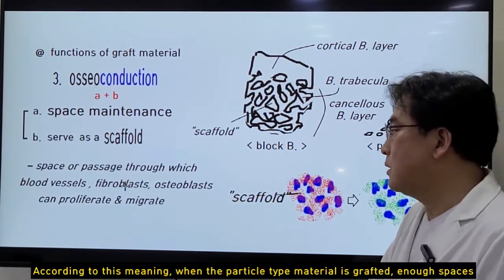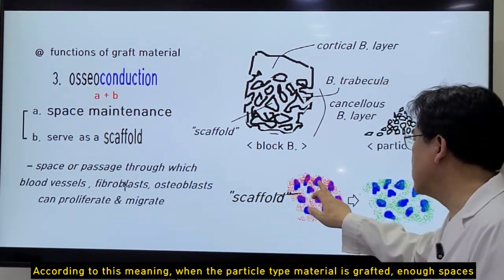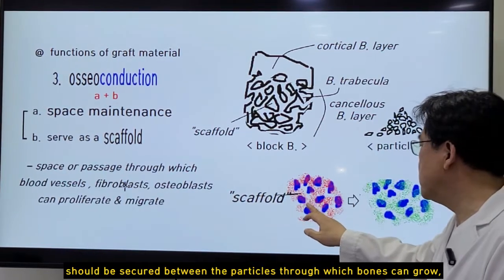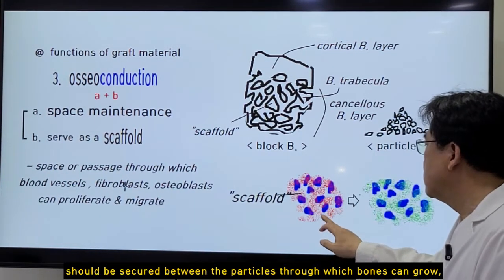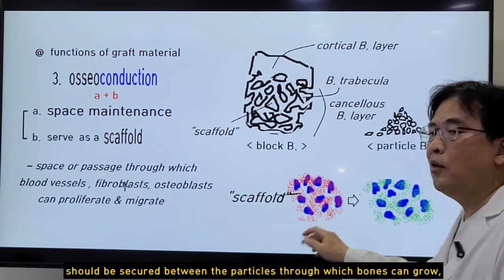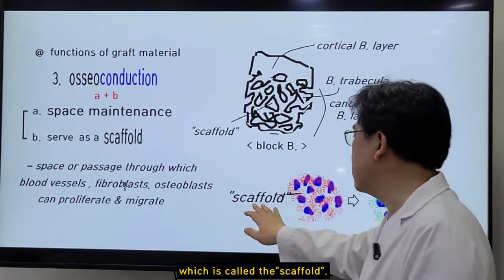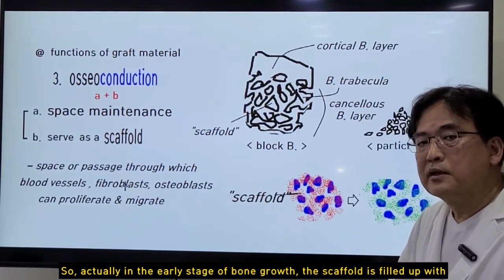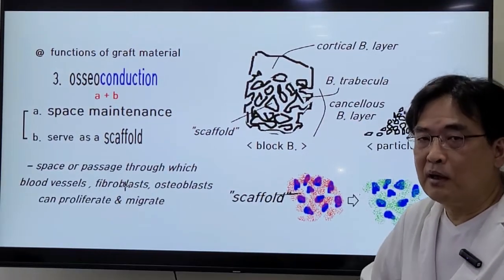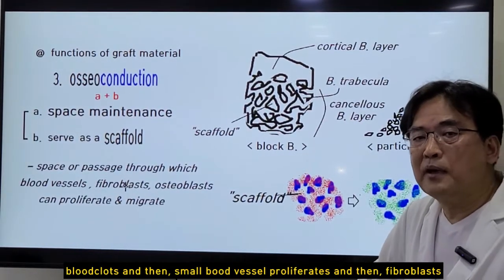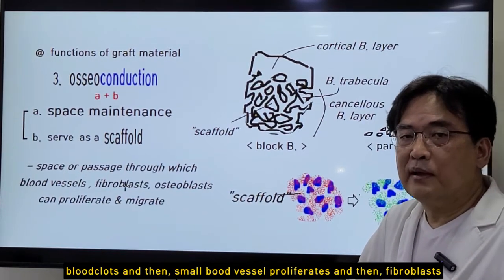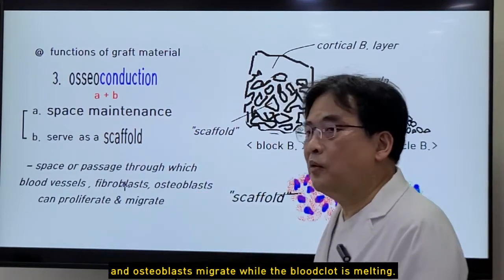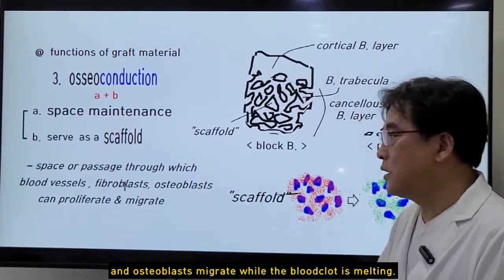According to this meaning, when particle-type materials are grafted, enough space should be secured between the particles through which bone can grow, which is called the scaffold. So actually, in the early stage of bone growth, the scaffolds fill up with blood clots and small blood vessels proliferate, and then fibroblasts and osteoblasts migrate while the blood vessels grow.